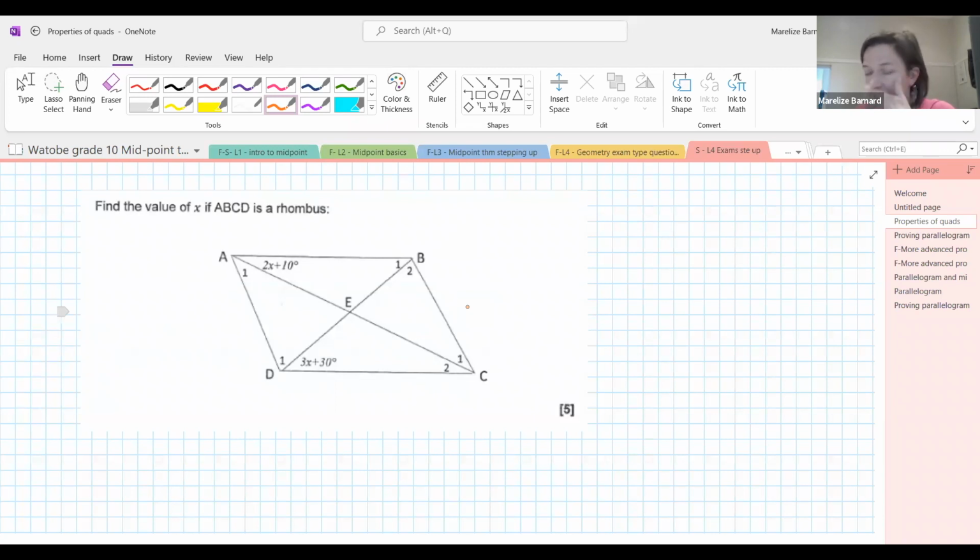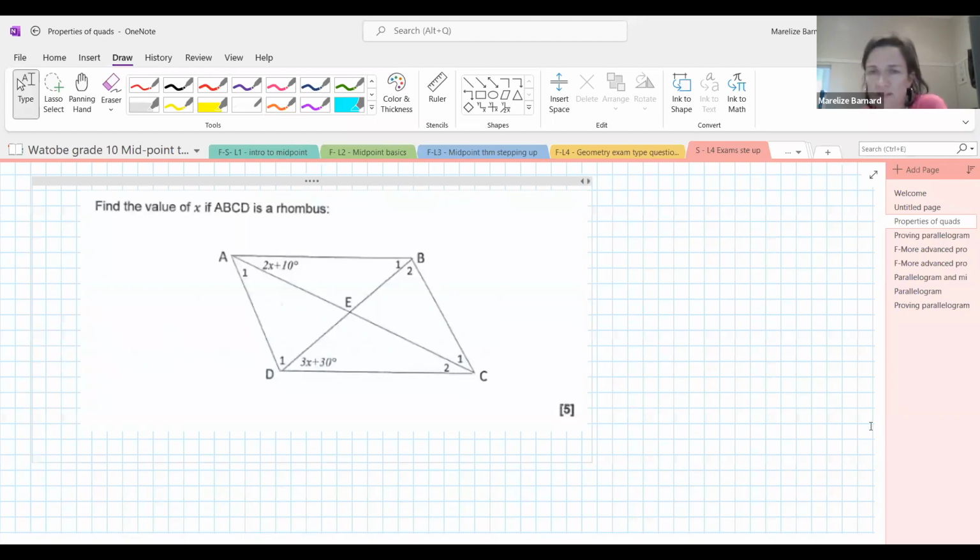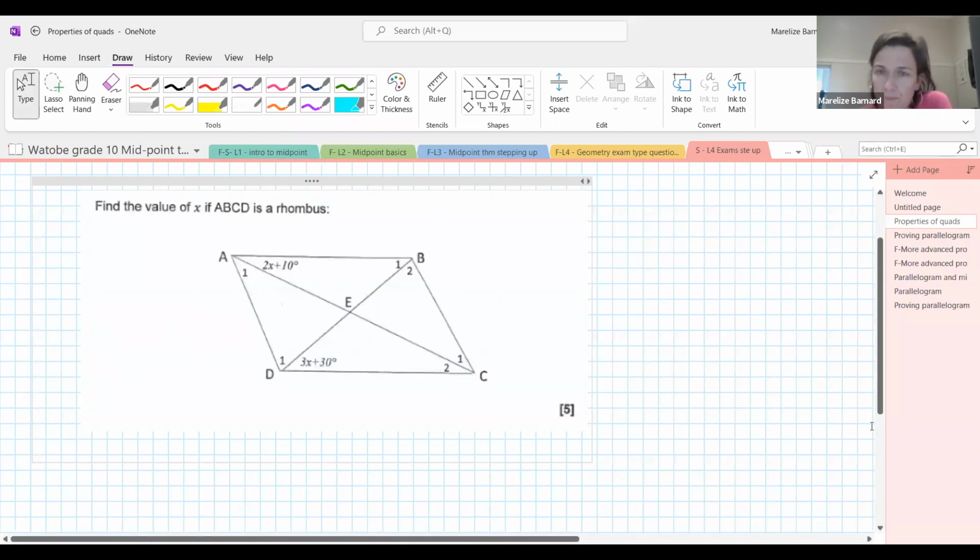Moheen says X is 10. Thanks, Moheen. Who's next? Let's see your answers, guys. Monete also says x is 10.